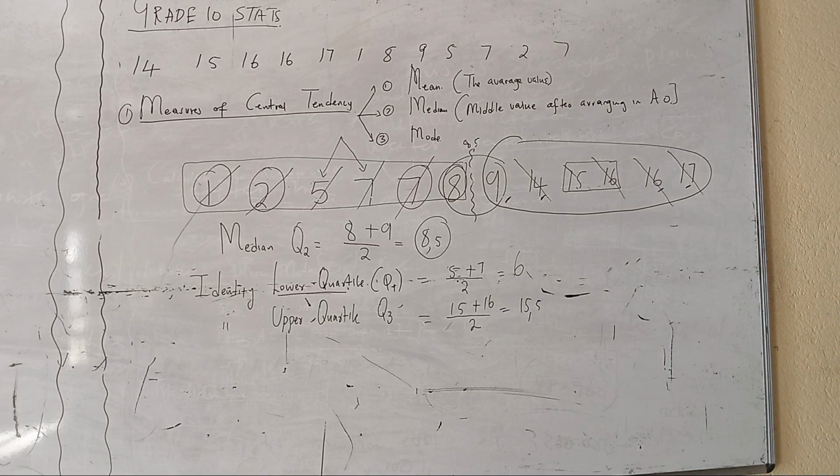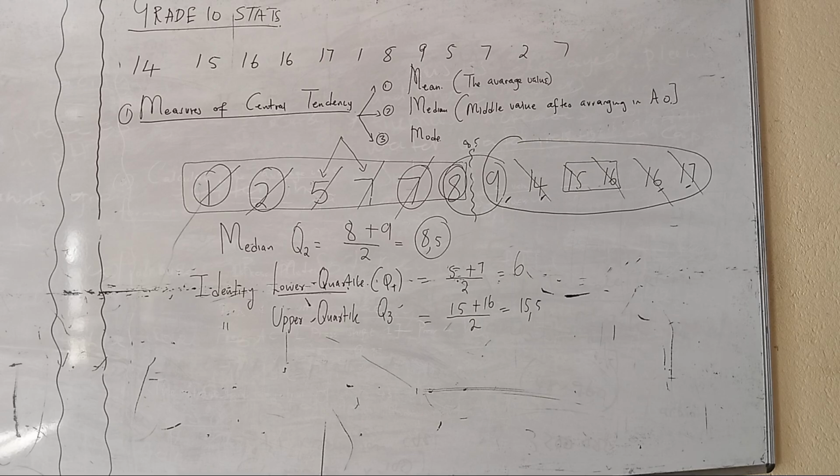So I'm hoping that by now you are able to find Q1, which is the lower quartile. You are able to find Q2, which is the median. And you are able to find Q3, which is the upper quartile.